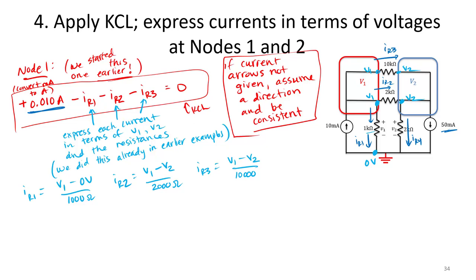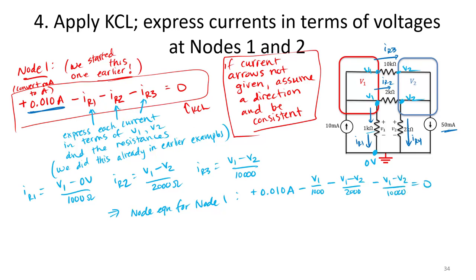So therefore, our equation for node 1 is going to be plus 0.01 amps minus V1 over 1000 minus (V1 minus V2) over 2000 minus (V1 minus V2) over 10,000 equals 0.